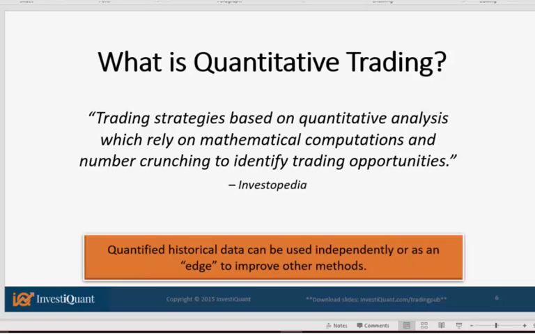Let's talk about quantitative trading a little bit. Investopedia defines it as trading strategies based on quantitative analysis, which rely on mathematical computations and number crunching to identify trading opportunities, which seems like a mouthful to me. Basically, it is looking at how the market has performed under similar market conditions in the past. And there's many different definitions of similar, and so we'll get into a few of the definitions of similar today.